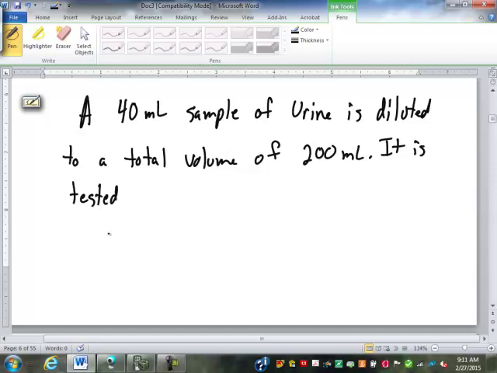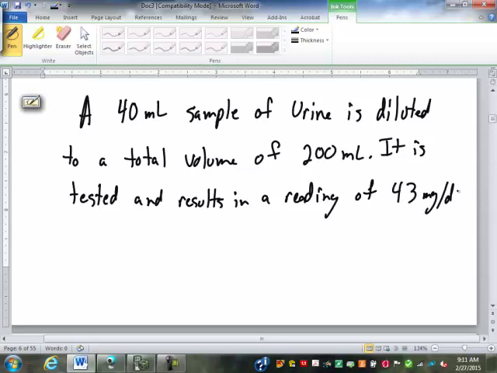It is tested, I won't say for what, and results in a reading of 43 milligrams per deciliter. Find the true reading, or the full reading.